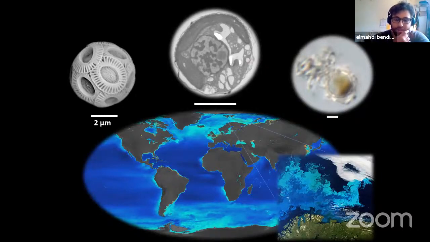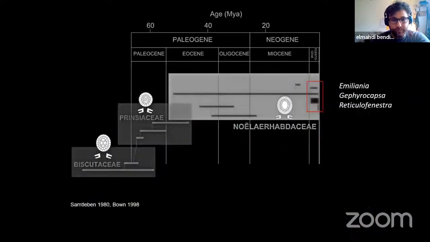It is ecologically successful, and it has been exposed by many researchers as the model for phytoplankton, for coccolithophores. It belongs to the family Noelaerhabdaceae, and is closely related to the genus Gephyrocapsa and Reticulofenestra.